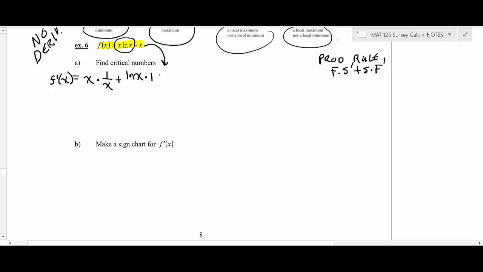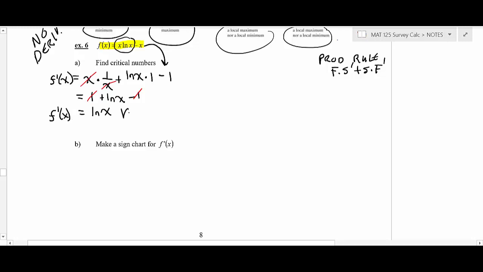And then what's the derivative of minus x? That's minus 1. What you're going to find is the x's are going to divide out, so that whole thing would be 1. This would be plus ln x minus 1. Well, 1 minus 1 goes to 0, so your derivative is ln of x.